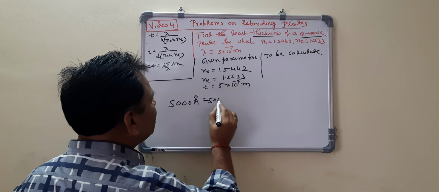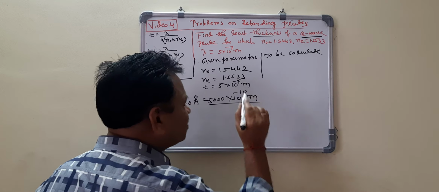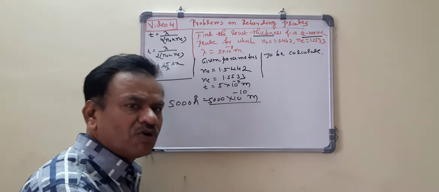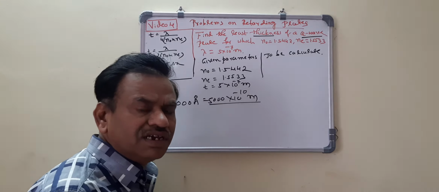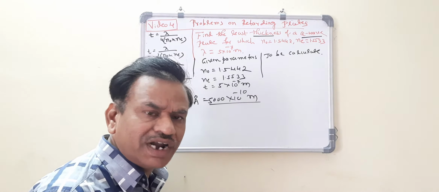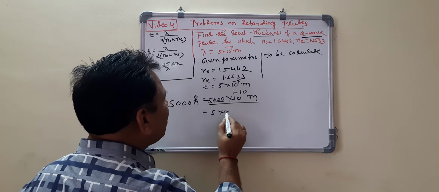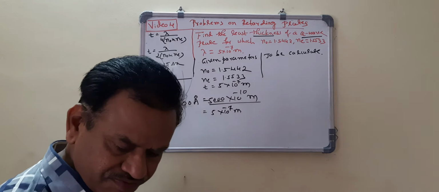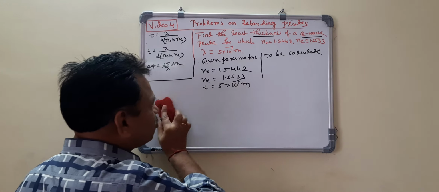Equal to 5000 into 10 to the power of minus 10 meter, since 1 angstrom equals 10 to the power of minus 10 meter. Many problems like this come in the interference chapter and also the diffraction chapter. Here 3 zeros are there, so it becomes 5 into 10 to the power of minus 7 meter. Of course, in this problem it is given directly in meters, so no problem.